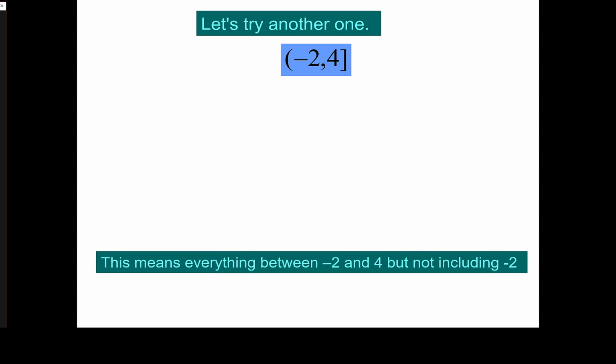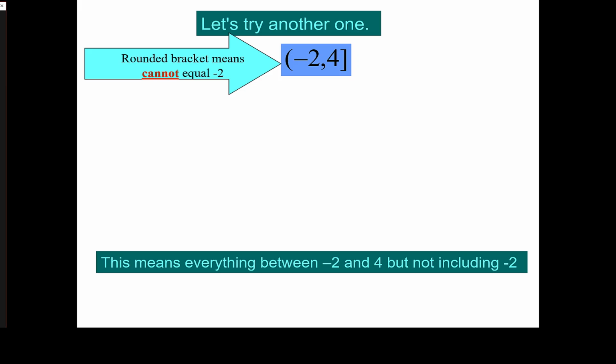Let's try another one. Here we have our interval notation. Notice what the symbols are being used. We have a bracket that's open on one end and closed on the other. So that tells the behavior of the endpoints, which ones are included as part of the solution set. This means everything between -2 and 4, but not including -2.